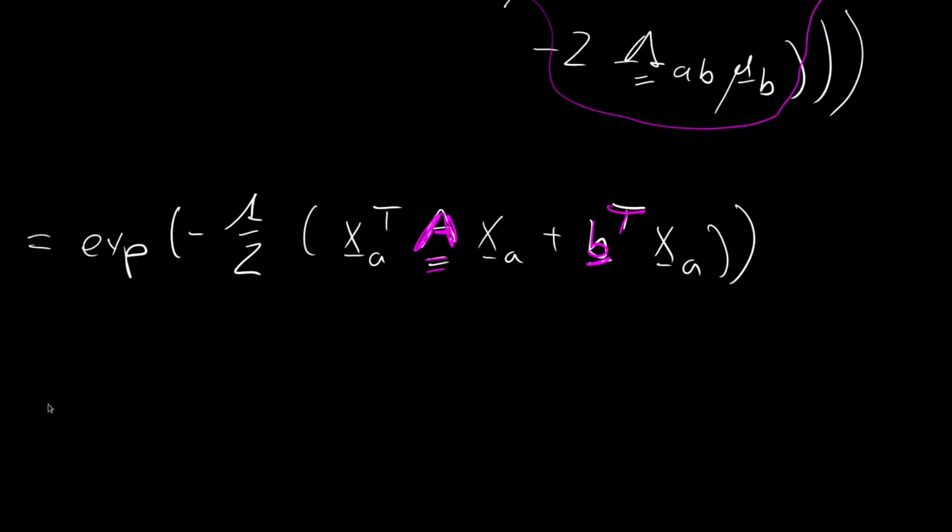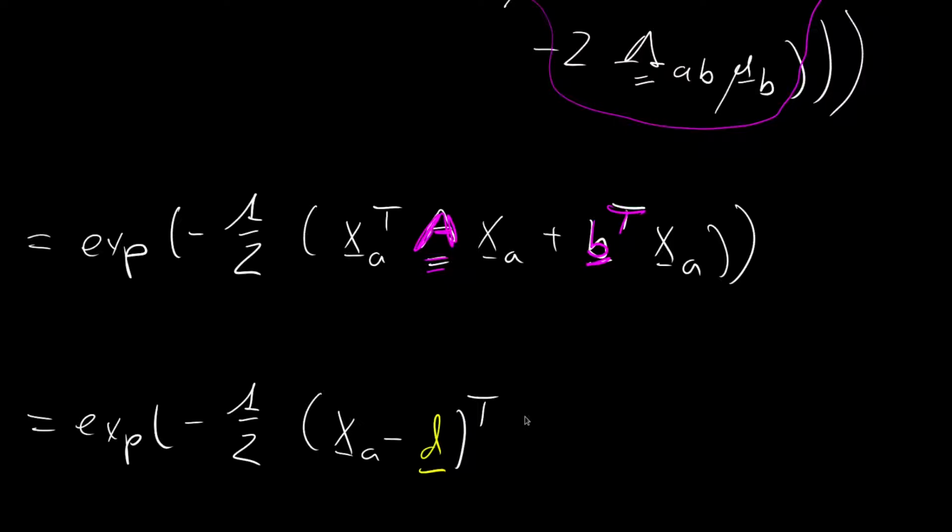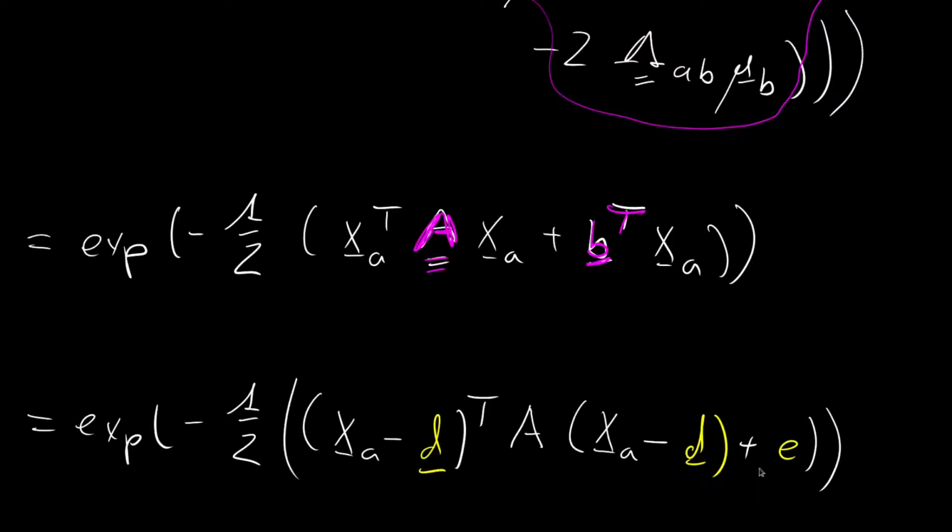This general form is given as the exponential of -1/2 of (XA minus a vector D) transpose times matrix A times (XA minus a vector D) plus a scalar E. Then we can close this down, and we should also have the -1/2 here in the brackets.